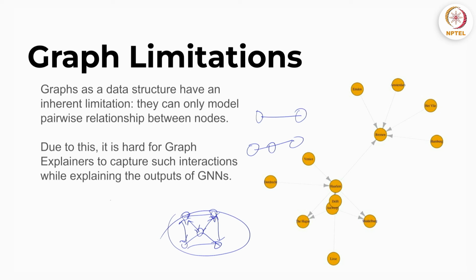For example, if you have studied some elementary chemistry, you'll know that the benzene ring is a group interaction of the 6 carbon atoms present in the molecule. But the GNN will treat them as a simple cycle. And it is well known that GNNs do not perform very well on cycle detection. So graphs give GNNs a limitation of not being able to model higher order or multi-node relationships.